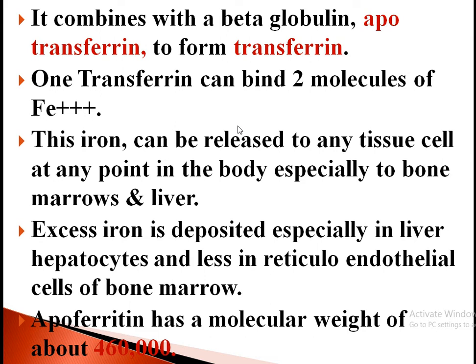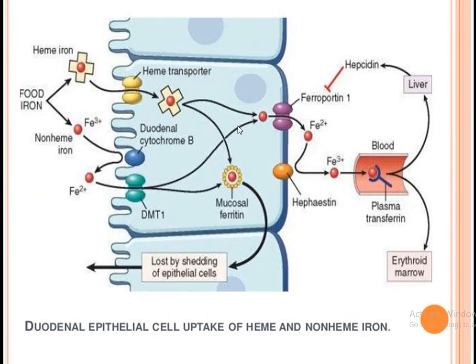Further, it combines with the beta globulin apotransferrin to form transferrin. One transferrin can bind two molecules of the iron. This iron can be released to any tissue cell at any point in the body, especially to bone marrow and the liver.